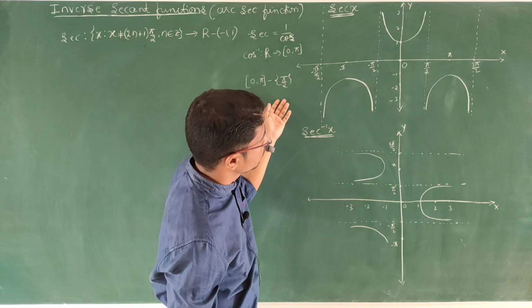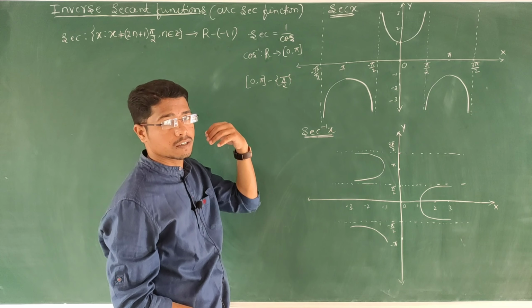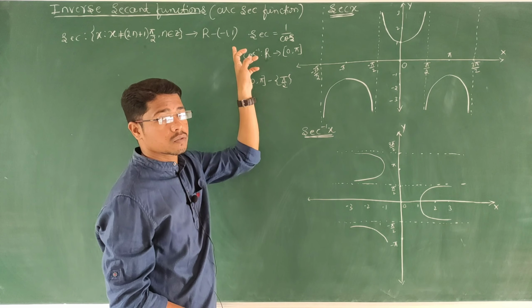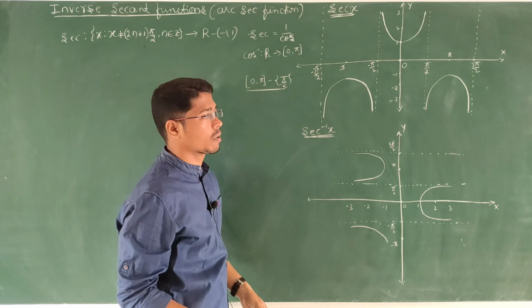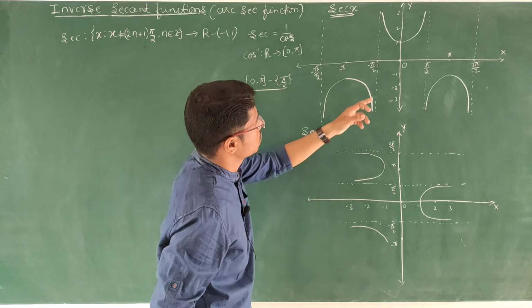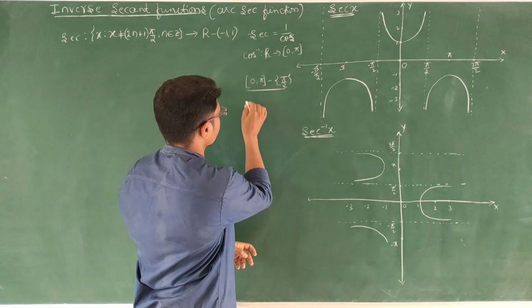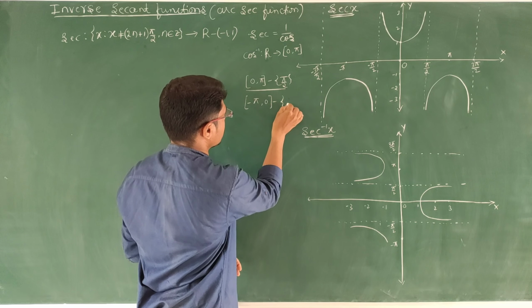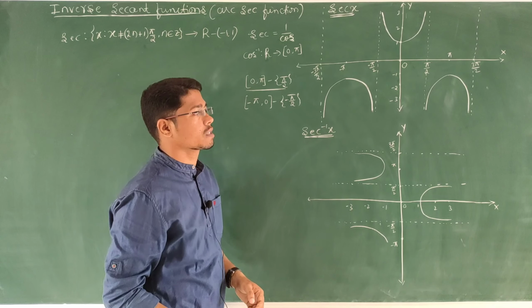Then we make it invertible with the same range, R minus (-1, 1). Other than [0, π], we can also take [-π, 0] except -π/2.